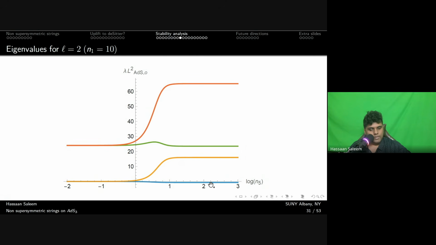Now, it's hard to see in this graph, but this blue eigenvalue, although it's a bit negative, never goes below -1. The value that it saturates at is like -0.67. Okay, so this was for L greater than or equal to 2. Well, I'm doing it for L equals 2, but you can do it for L equals 3 or 4, and those eigenvalues are even better. They never even become negative, right? So there is no BF bound violation here.